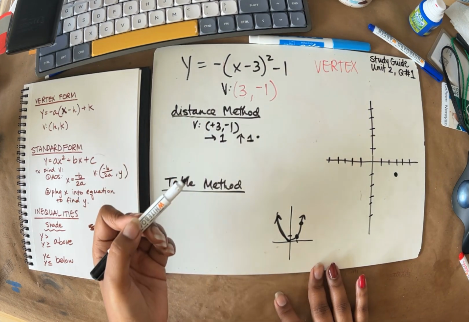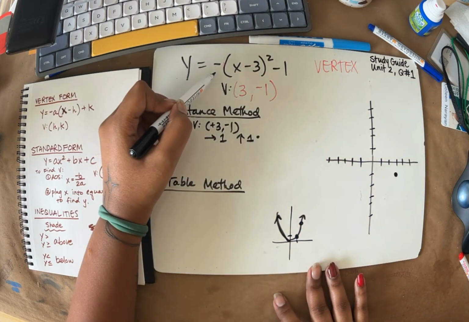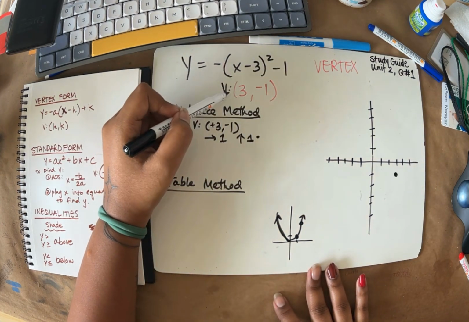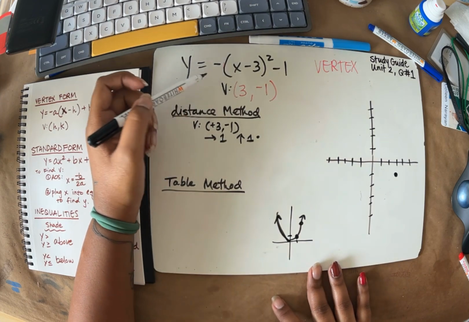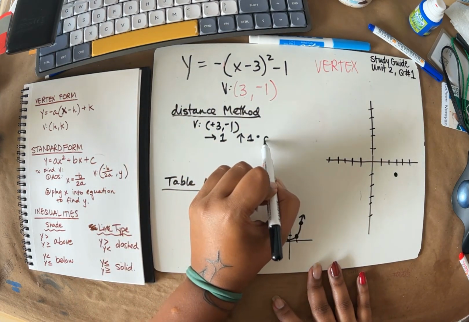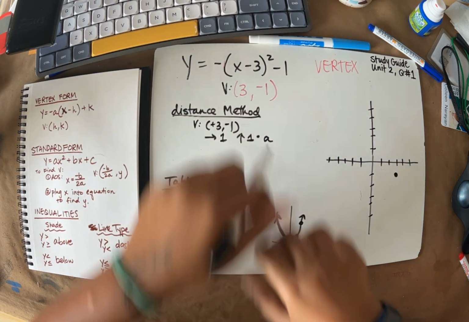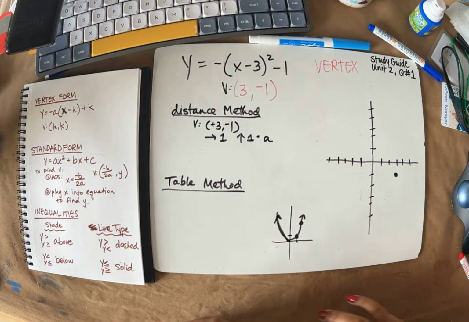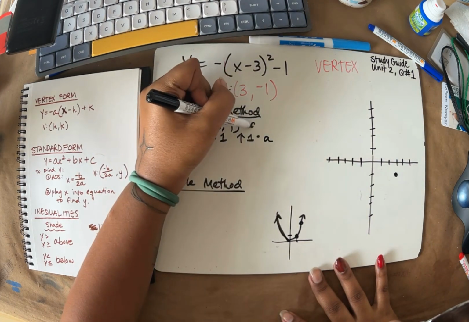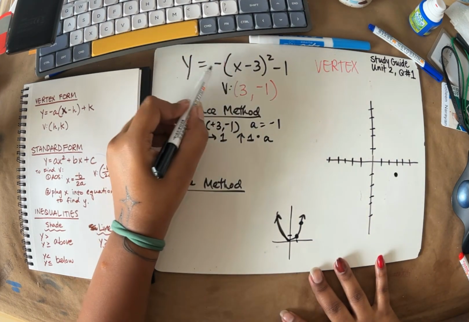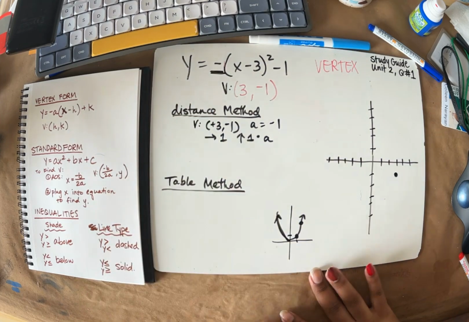But for our purposes, when we have anything else happening in our graph that our parent graph does not do, we have our vertical stretch and we multiply that by our a value. So in this case, our a value is -1. I know that because it's right here.